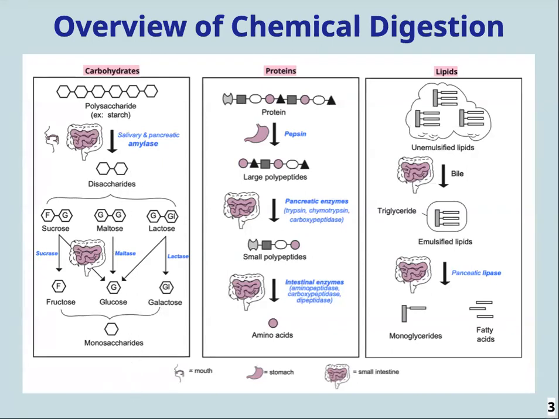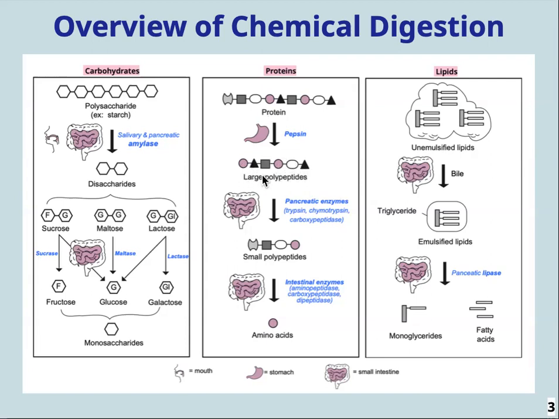Now, in terms of protein digestion, you can see here, proteins are made up of amino acids linked together and then folded. Our stomach produces pepsin, which is the enzyme that helps take apart large proteins into polypeptides.